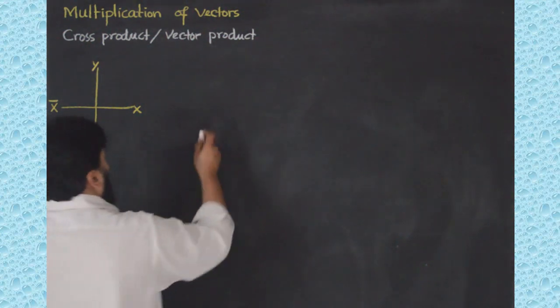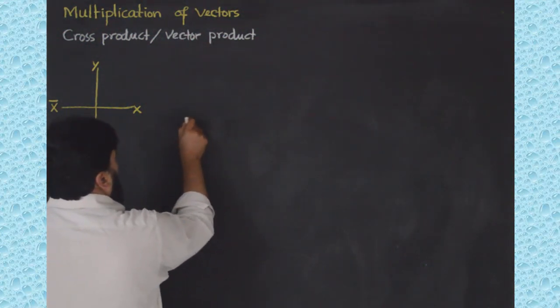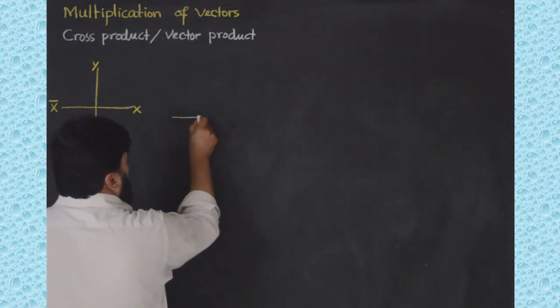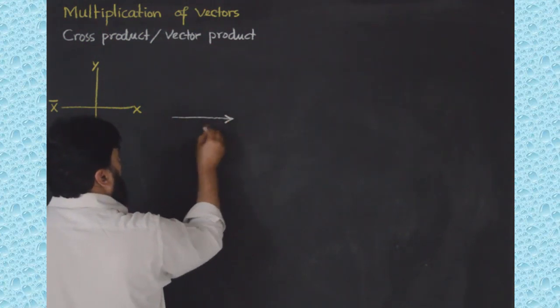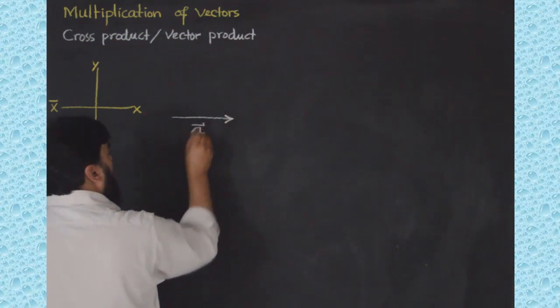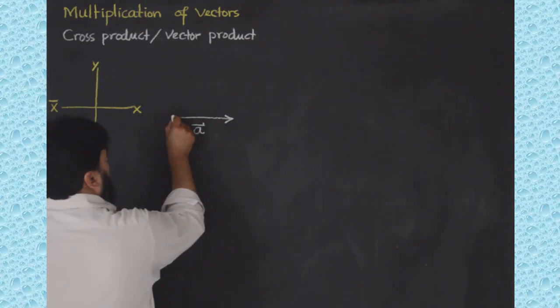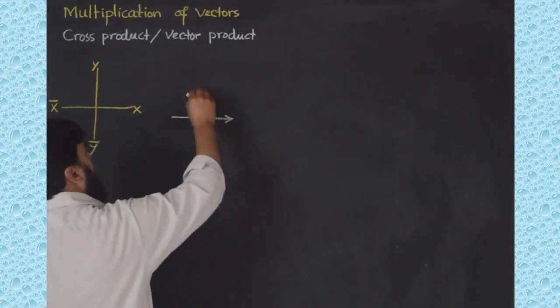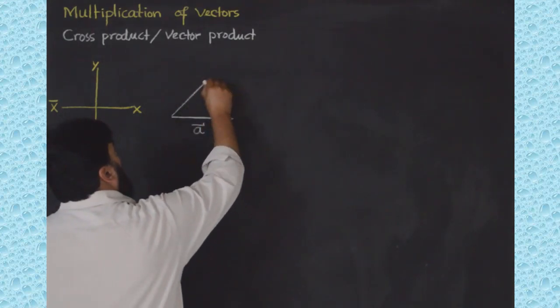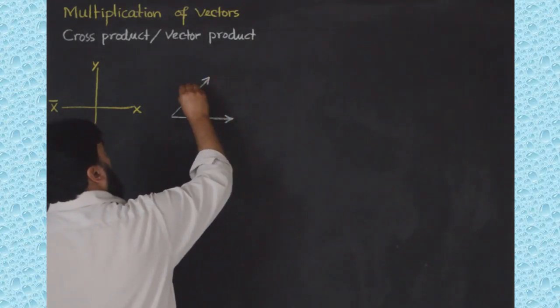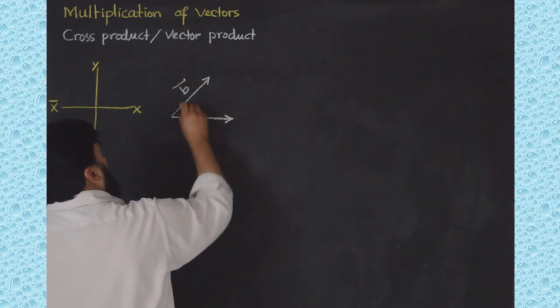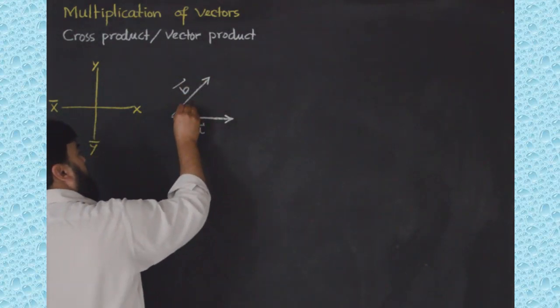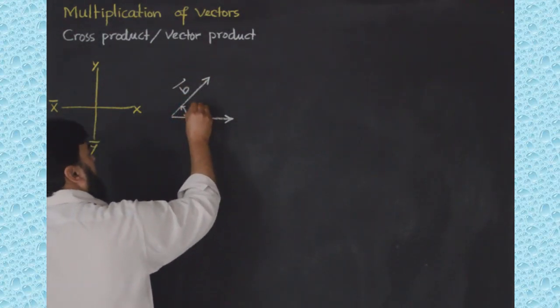Now let's say we have a vector in this direction, as we considered previously for the dot product. So the same vector combination we will consider here as well. And there is another vector which we call vector b, and the angle between these two vectors is theta.